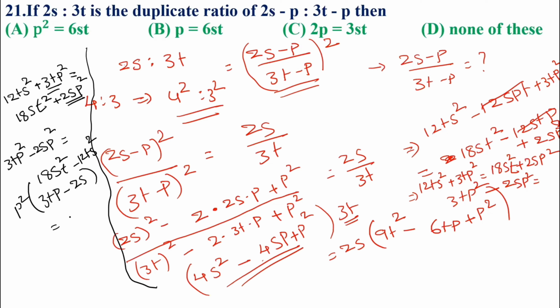Here, if I take common st and 6, I take 6, 3t minus 2s. So 3t minus 2s, 3t minus 2s will be cancelled. P square is equal to 6st.